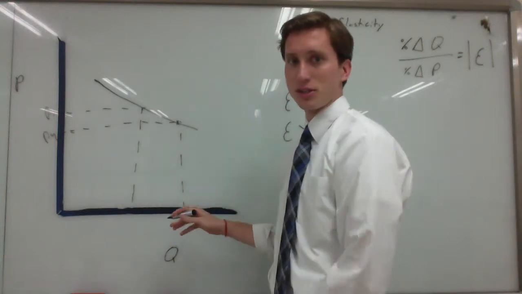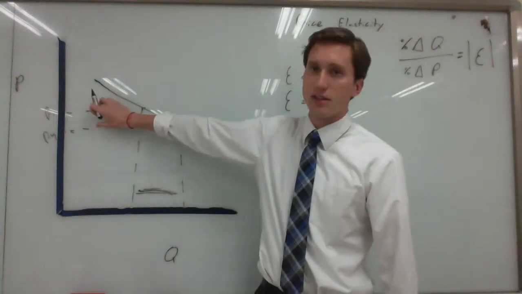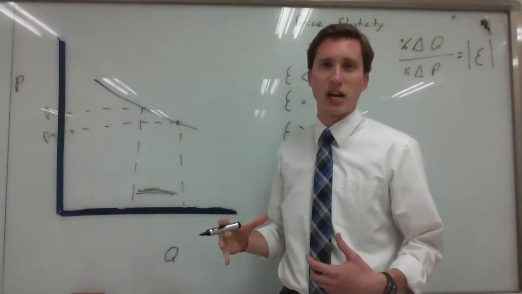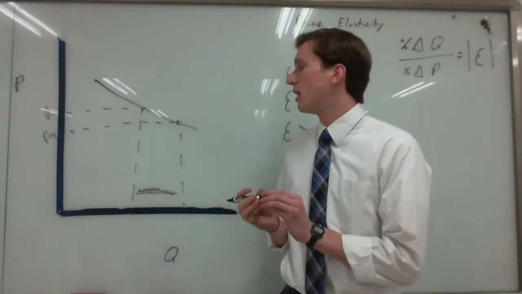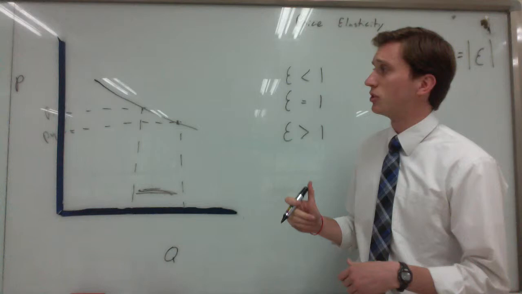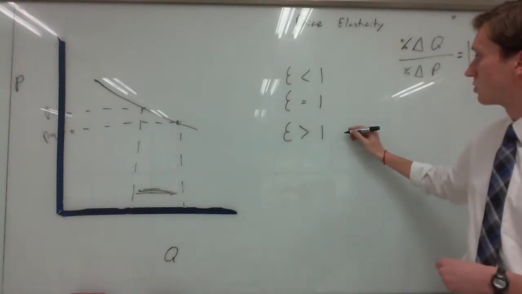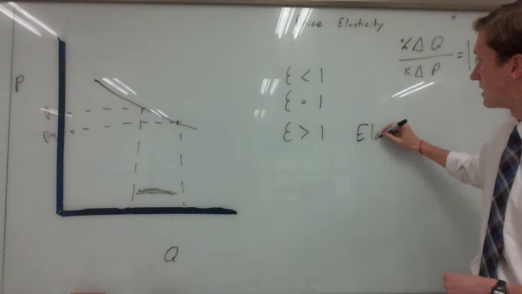Now I drew this curve not very straight, but you can see how this difference is supposed to be more than this difference. That's the percentage change. Remember the percentage change equation, Q2 minus Q1 divided by Q1, to equal the percentage change. So quantity over price. If this number is big and this is small, that means the coefficient is going to be big. So if the elasticity coefficient is greater than 1, it means that it's elastic.